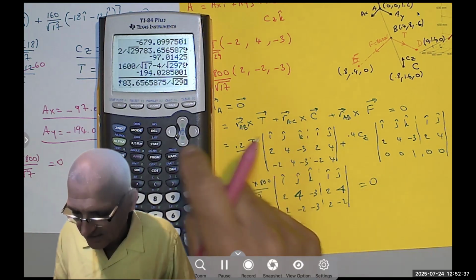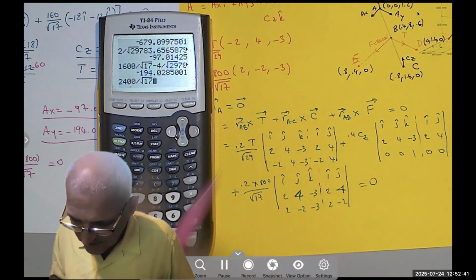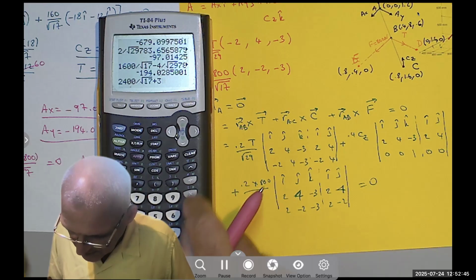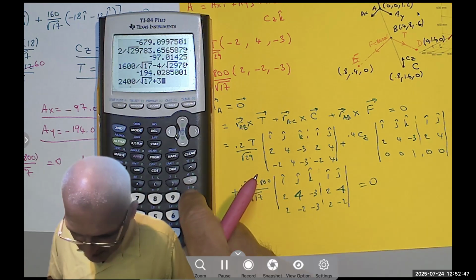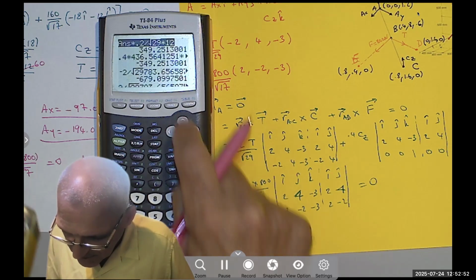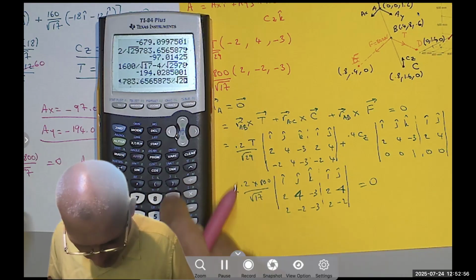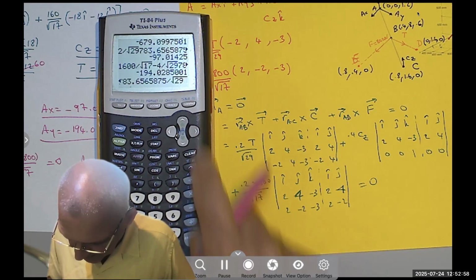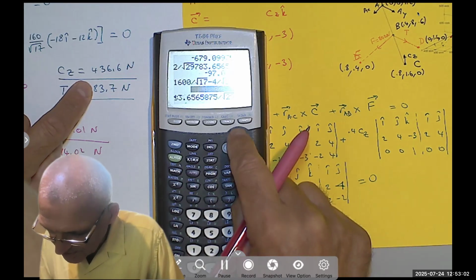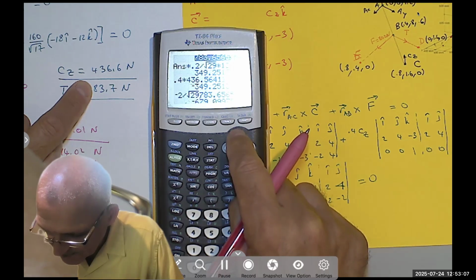Oh my God, I messed it up. So 2400 over square root of 17, I didn't do that, plus 3 times the tension over the square root of 29 minus C sub z, which is the 400, where is it?